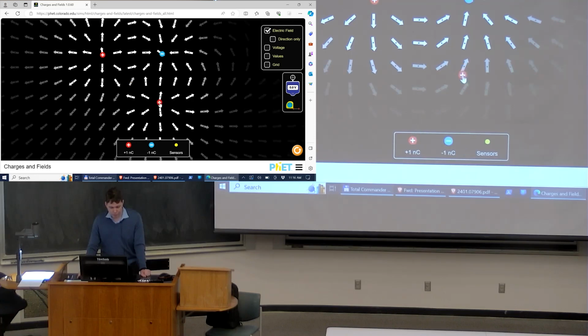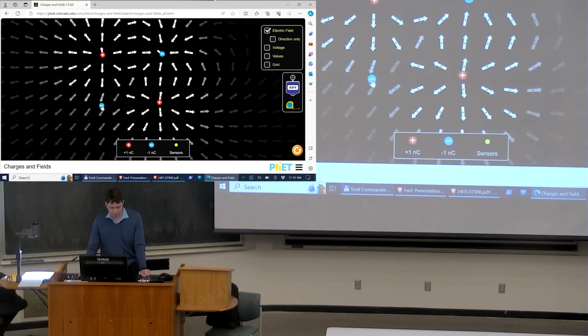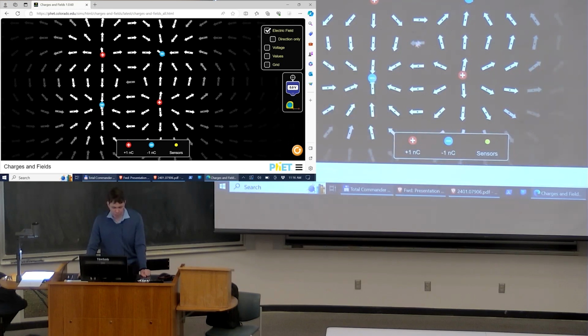So this configuration of 4 charges, two of which are negative and two positive, is called a quadrupole. You do not necessarily have to memorize it. It's just for the sake of knowledge, I wanted to mention this at least once.